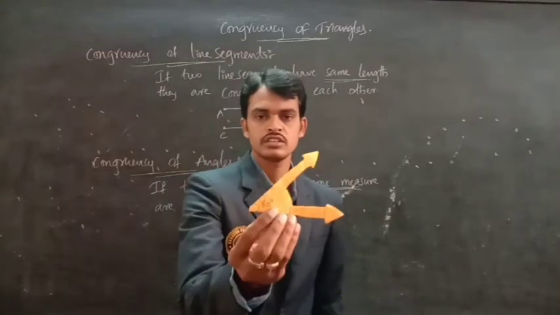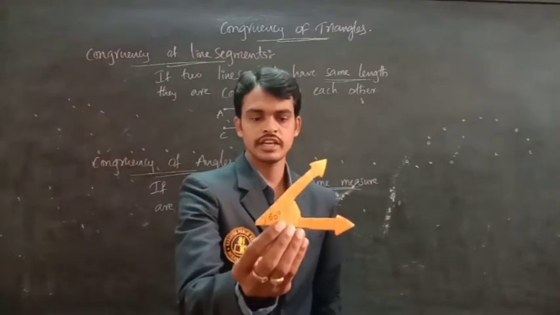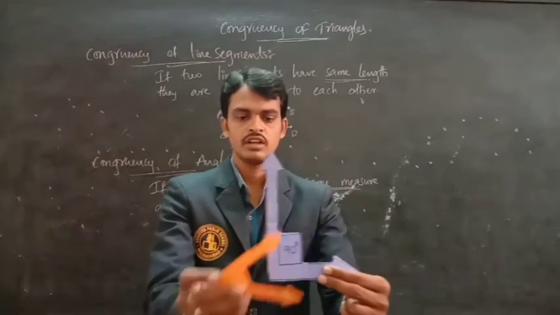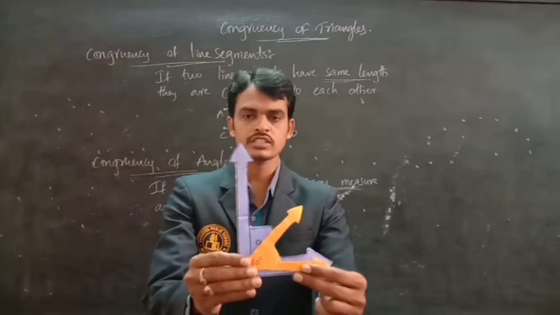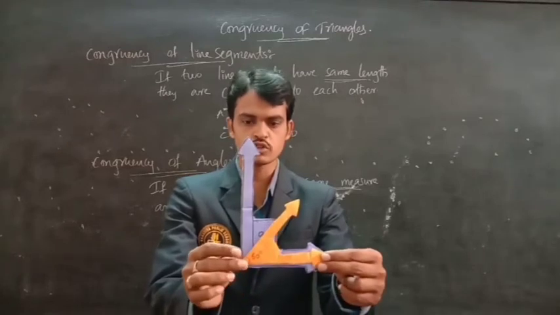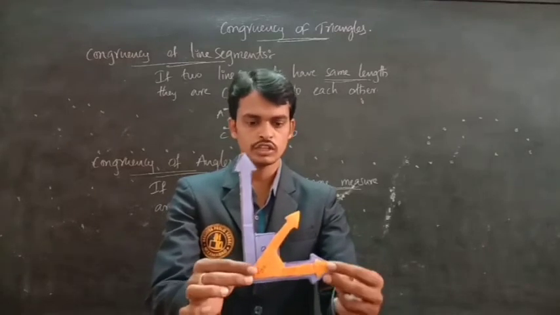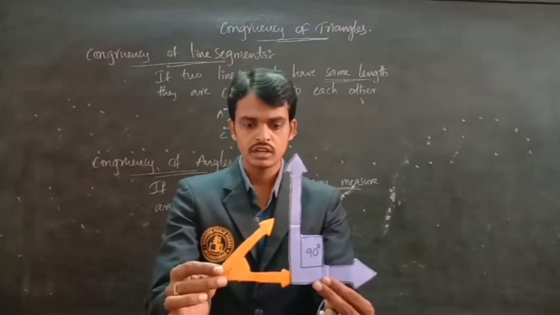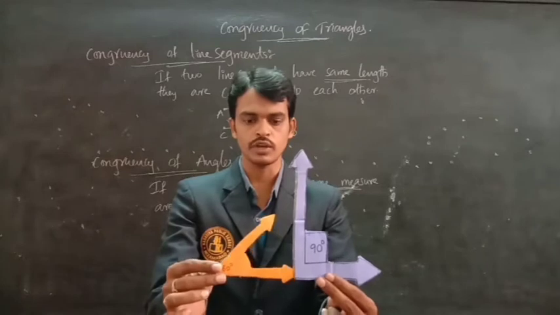This is a 60 degree angle. This is a 90 degree angle. Do they have the same measure? Are they superimposed on each other? No. Then are these two angles congruent? No, they are not congruent.